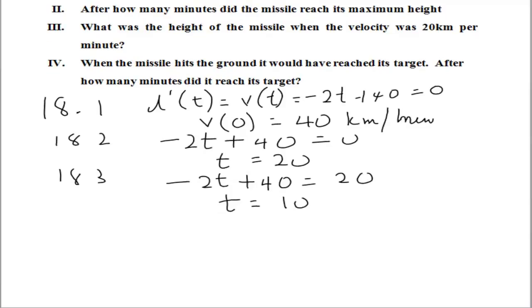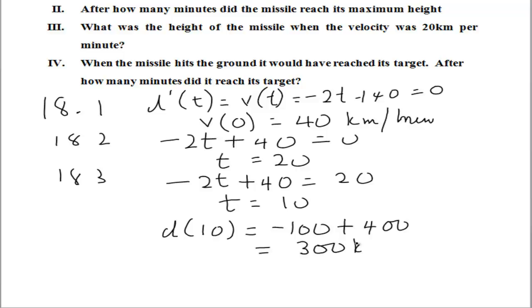And then the question, what is the height of the missile? The height is when we now take d of 10, so we substitute. You get minus 100 plus 400, and that gives you 300 kilometers. The height was 300 kilometers, not per minute.